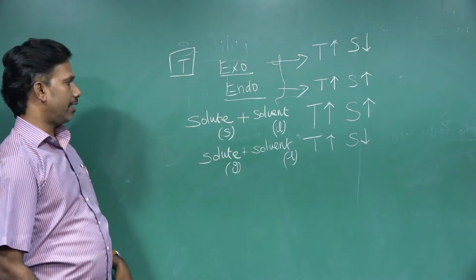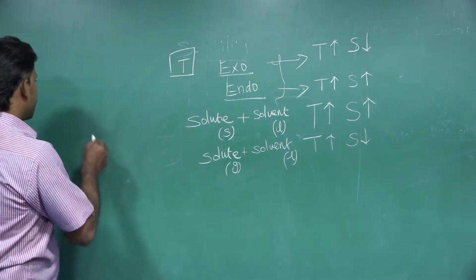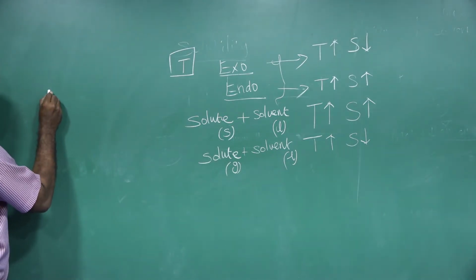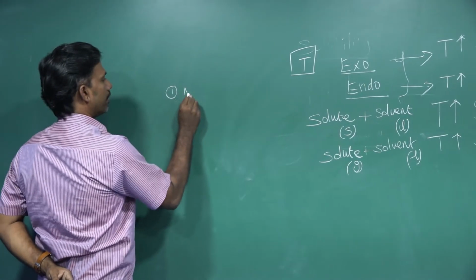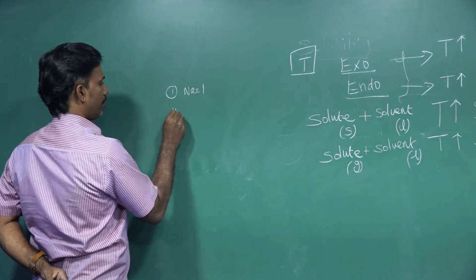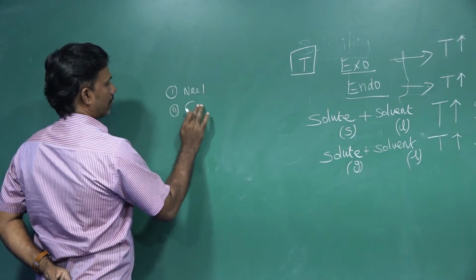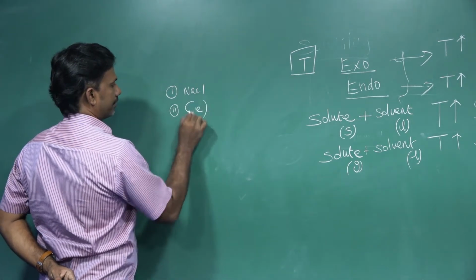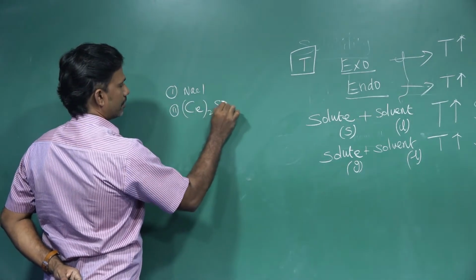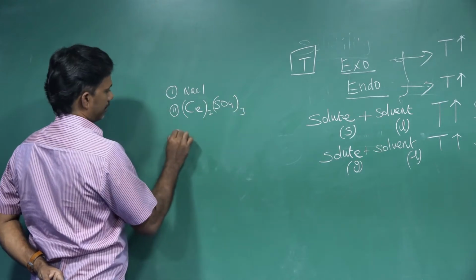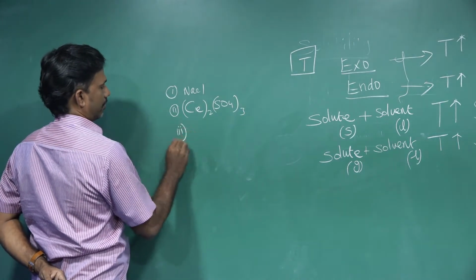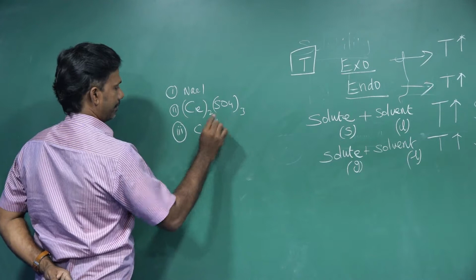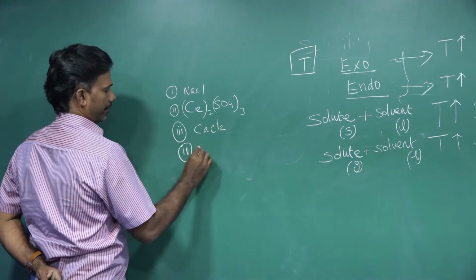Okay, let us have a graph for some salts as solutes, for example NaCl, ceric sulfate, calcium chloride, and ammonium nitrate.